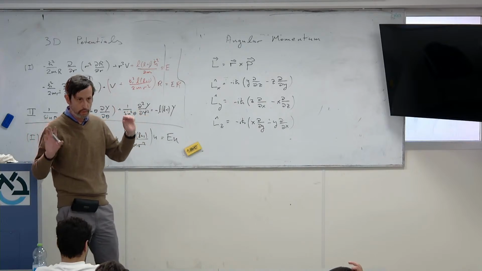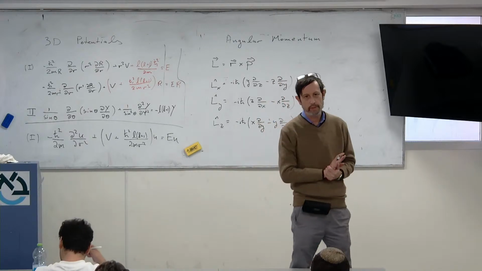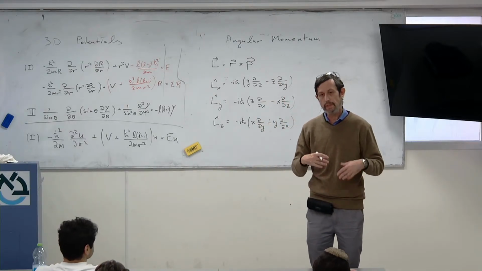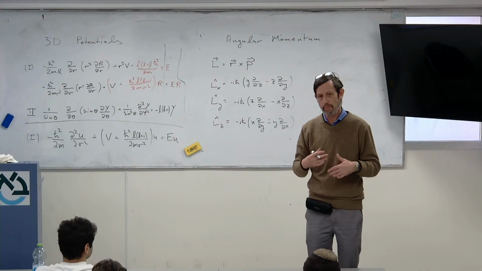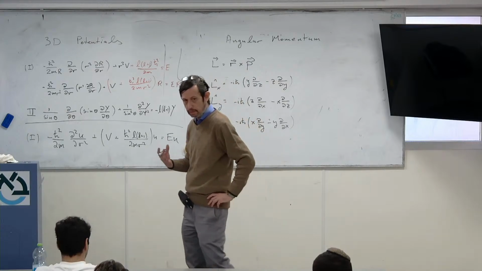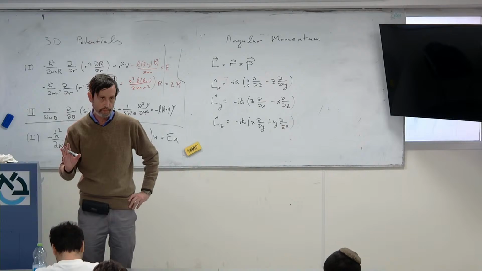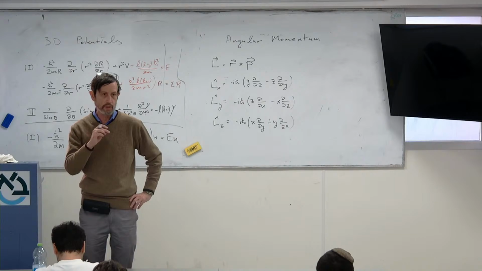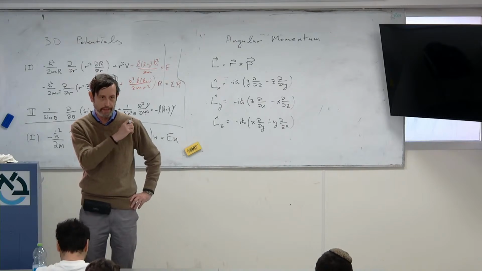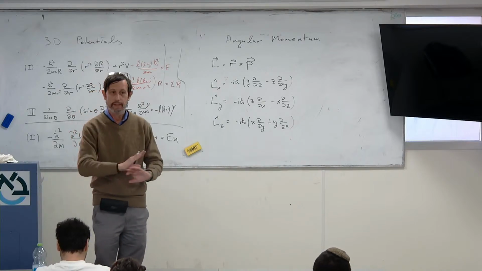So I'm taking that definition, and the only thing I'm saying is, well, what is the operator corresponding to angular momentum in quantum mechanics? I'll take the classical definition of angular momentum and replace any variable that appears there with the quantum definitions that I already know, X and P. And that's all.